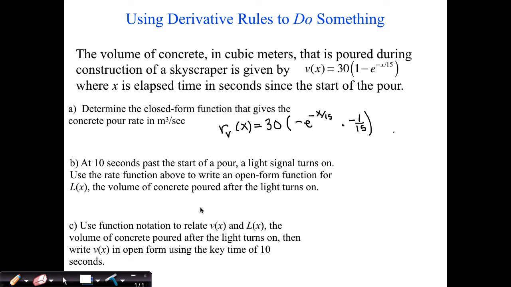But if I wanted to write, here's the point, the open form function for the volume of concrete poured, in this case for part B, and part C is something else. So at part B, starting at 10 seconds past the start of a pour, well, L of x, how much has been poured? The concrete's being poured at this rate.